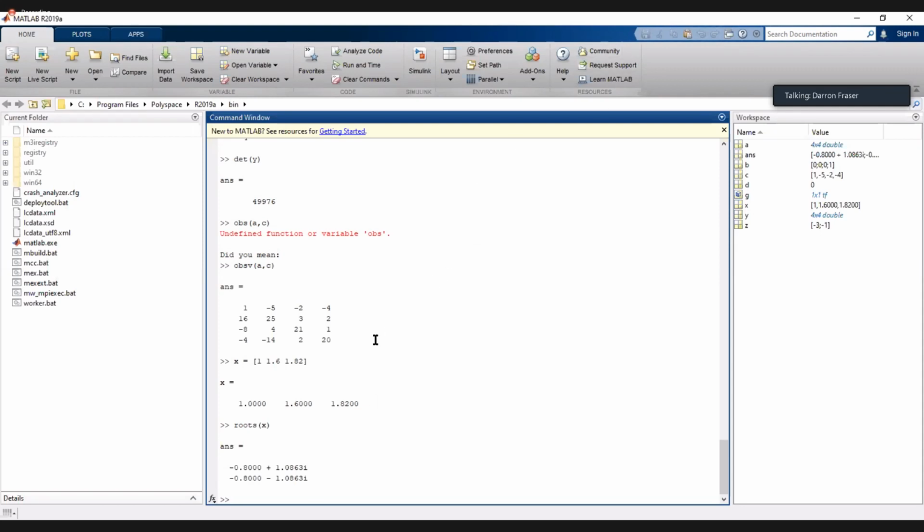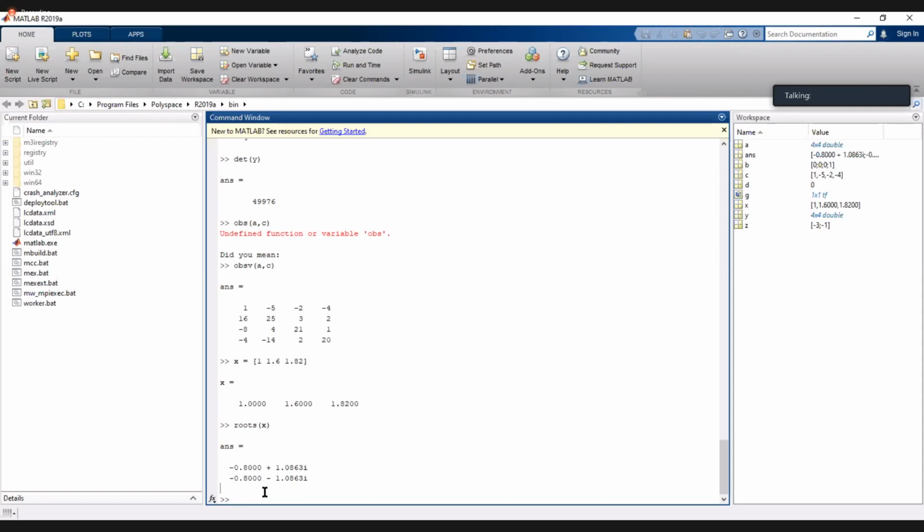So the desired roots are negative 0.8, negative 0.8, and we're going to put in another root that is 10 times more than that, so it's going to be negative 8.